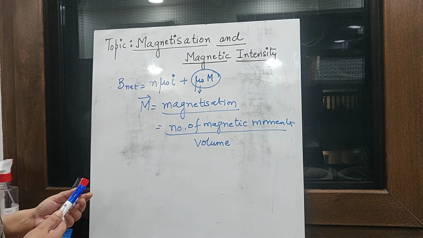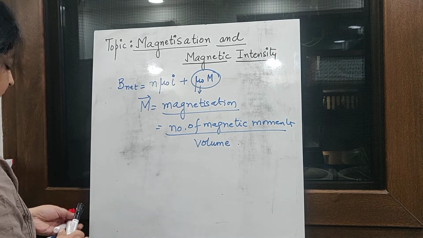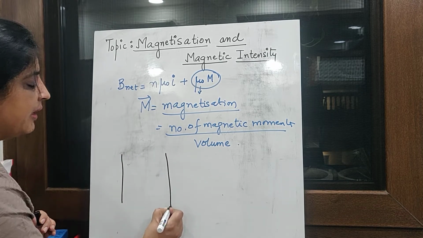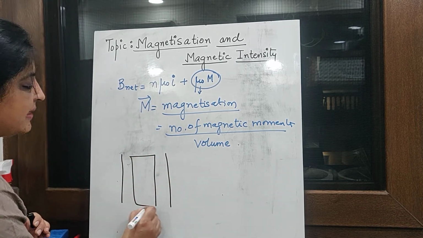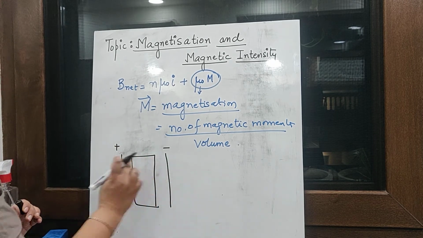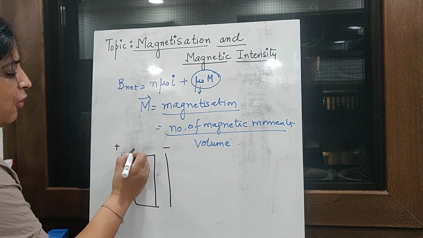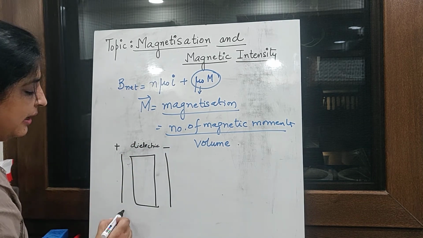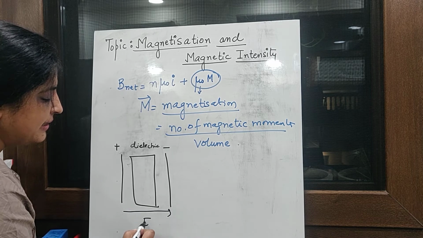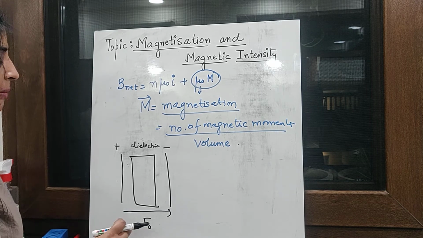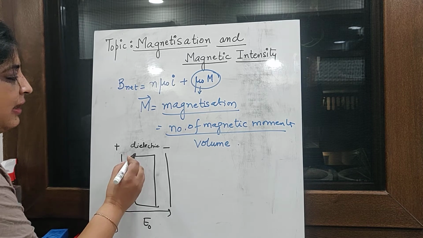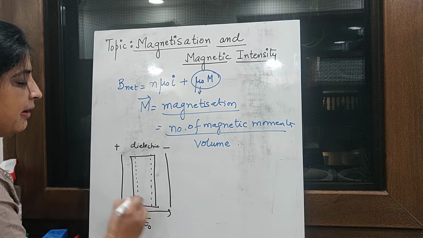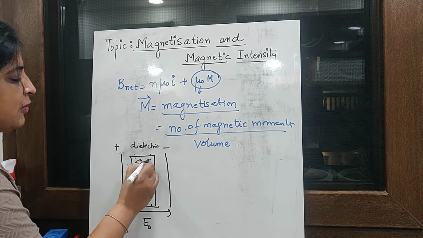So, here also we can compare it with the situation when you had an electric field and you had a dielectric slab placed between the two plates. Now, if this is a dielectric, you must remember that the field outside is, let us say, E naught. But because of the presence of this field, there was an electric field developed inside the dielectric because of the polarization of the atoms.